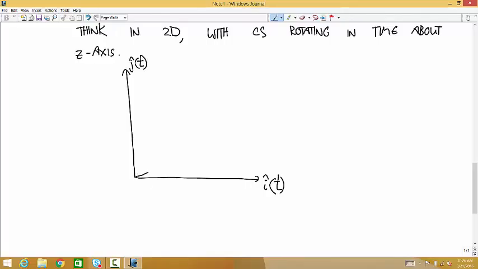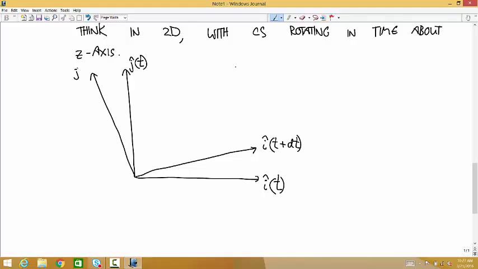Okay, so then this is an exaggerated rotation from the coordinate system at time t to the coordinate system at time t plus, let's call it dt, to emphasize that this is an infinitesimal amount of time.